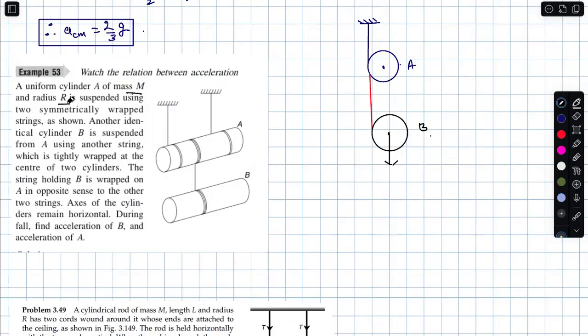Mass M, radius R, A is suspended symmetrically by strings. B is another cylinder with a string. Here the string holding B is wrapped on A in the opposite sense.